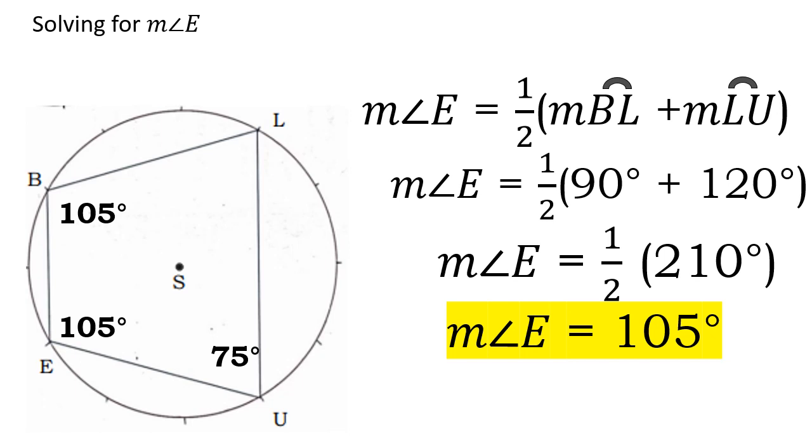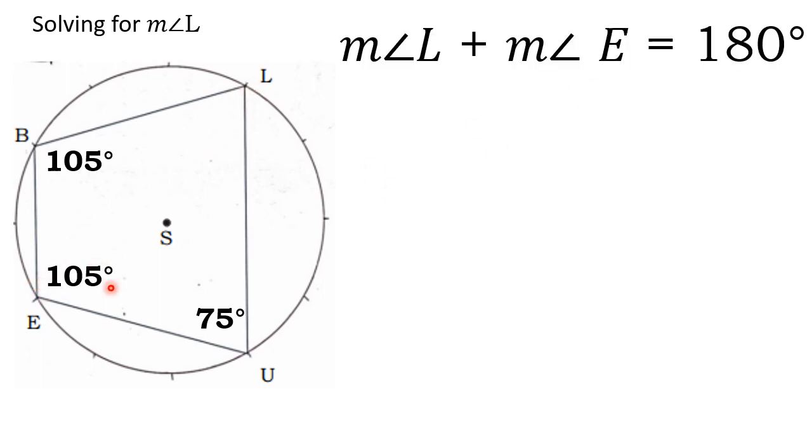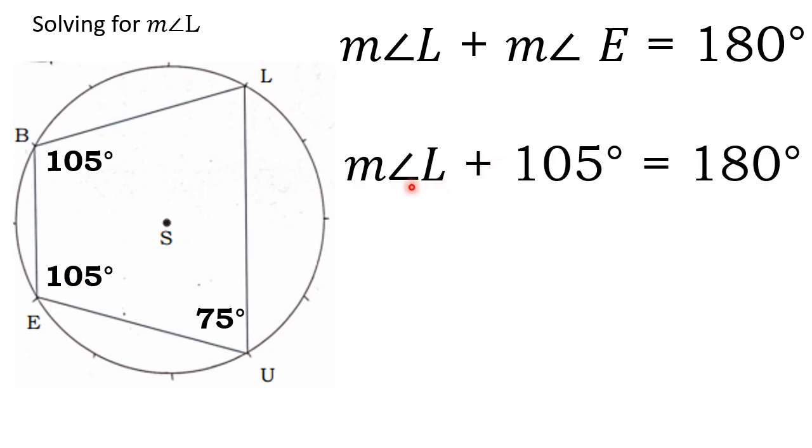Now, let's solve for angle L. So to solve for angle L, we have to apply the fourth theorem that the opposite angles are supplementary. So angle L plus measure of angle E is equal to 180 degrees. And now let's substitute. We already have the measure of angle E, which is 105 degrees.